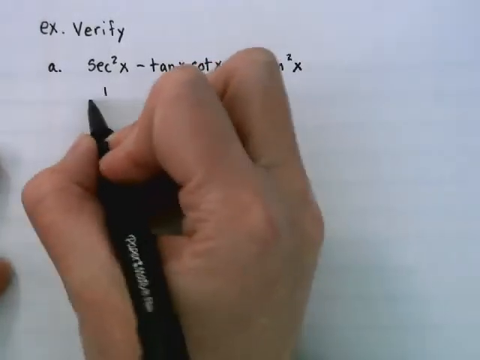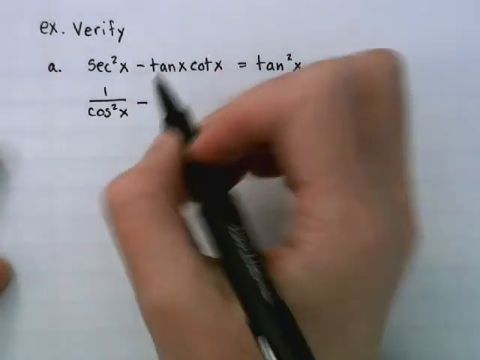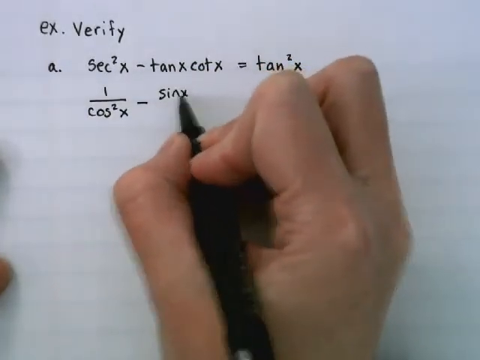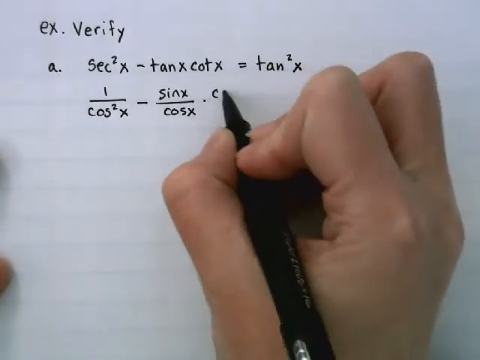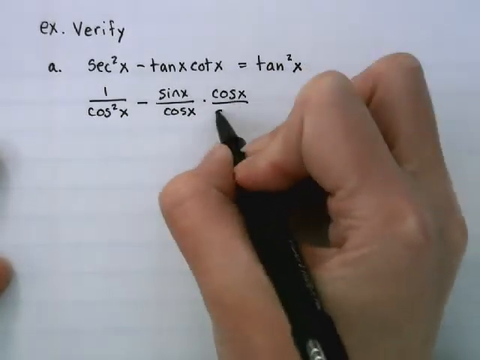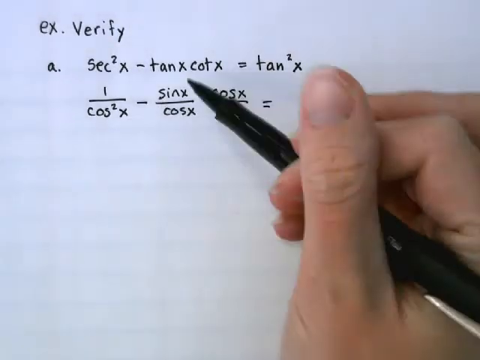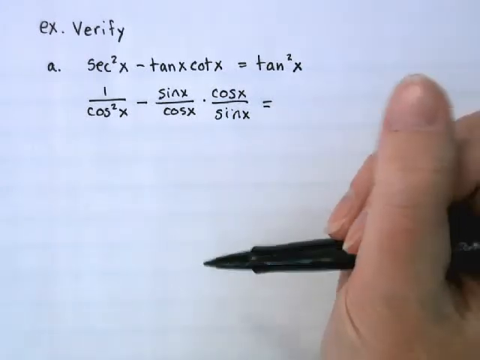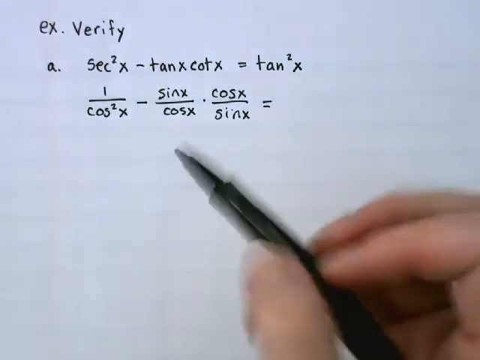So secant squared is going to be 1 over cosine squared. Tangent is going to be sine over cosine. Cotangent is going to be cosine over sine. Now you might start thinking it's tedious to do the x or theta every time, but you should do that because trig functions are trig functions of something, so we need the of something.